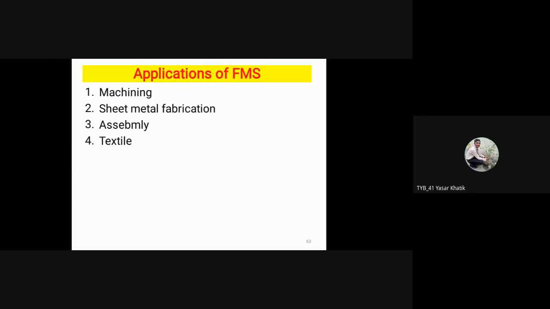Then sheet metal fabrication means जिथं तुम्हाला फक्त शीट मेटल पार्टचे मॅन्युफॅक्चरिंग करायचे. म्हणजे तुमचं तुम्ही एक कार घ्या, कारचे जे काही पार्ट्स आहेत सगळे, म्हणजे डोअर असेल, पुढचं बोनेट असेल, बॅक साईडची हे असेल, हे सगळे काय तुमचे शीट मेटल पार्ट आहेत. ठीक आहे. त्याच्या मॅन्युफॅक्चरिंग साठी तुम्ही हे सिस्टम यूज करू शकता. जिथं तुम्हाला असेंब्ली करायची तिथं तुम्ही यूज करू शकता. टेक्सटाईल इंडस्ट्री असतील त्या ठिकाणी तुम्ही हे बेस्ट ऑप्शन आहे की तिथं तुम्ही FMS सिस्टम इन्स्टॉल करू शकता. ठीक आहे. सो दिस इज अबाउट द application part of the flexible manufacturing system.